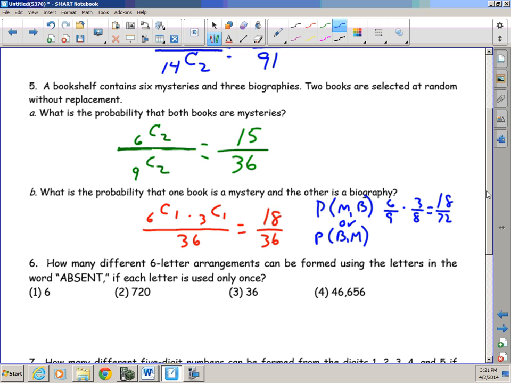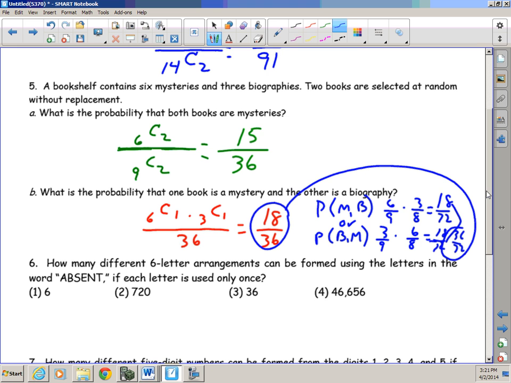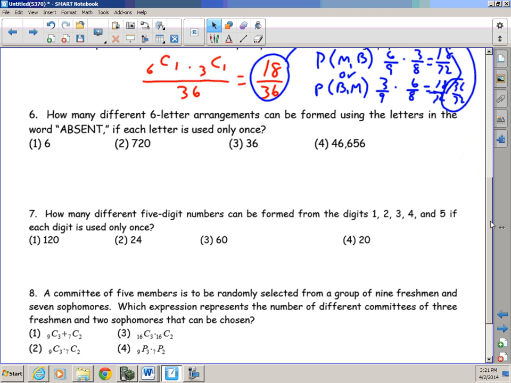The biography first is 3/9 times 6/8, or 18 out of 72. And when I add those up, I get 36 out of 72, which is the same as here. Can you do either one? Yes, you can.